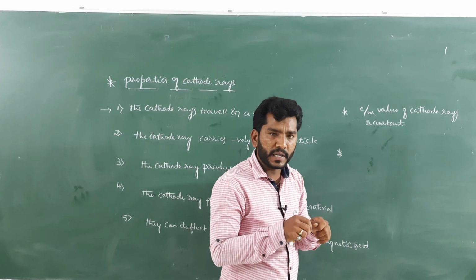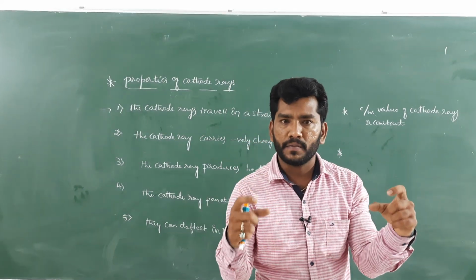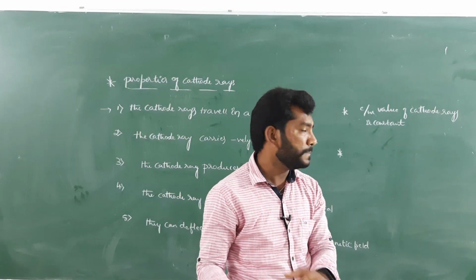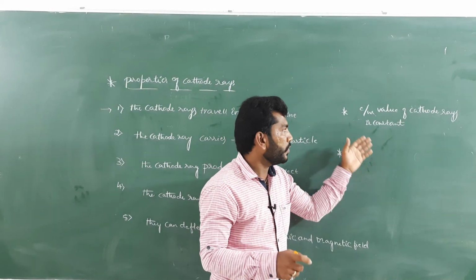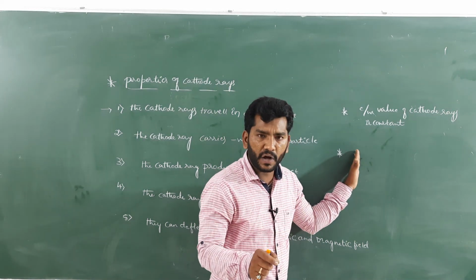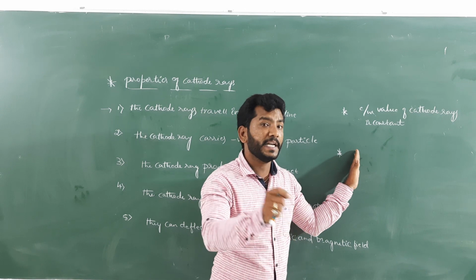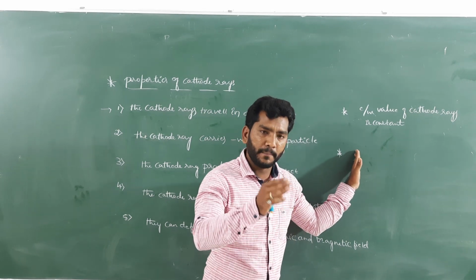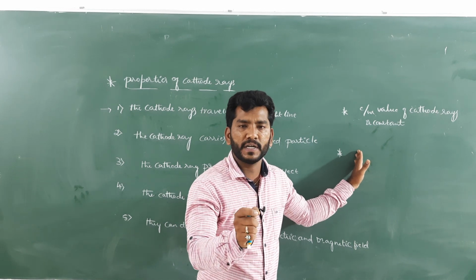You know the diagram: there we used two thin metal electrodes, and we also took some gases in the discharge tube. So cathode rays are independent of the particular gas we have taken in the discharge tube, and also independent of the material of the electrode.